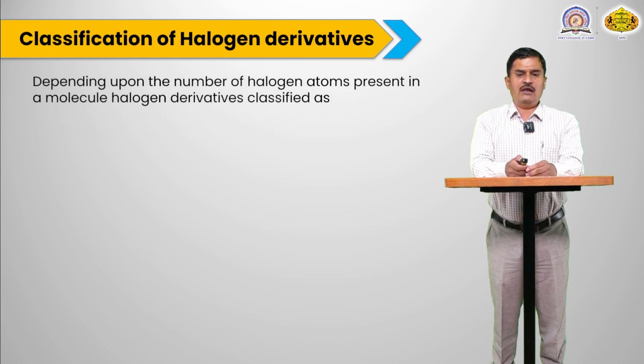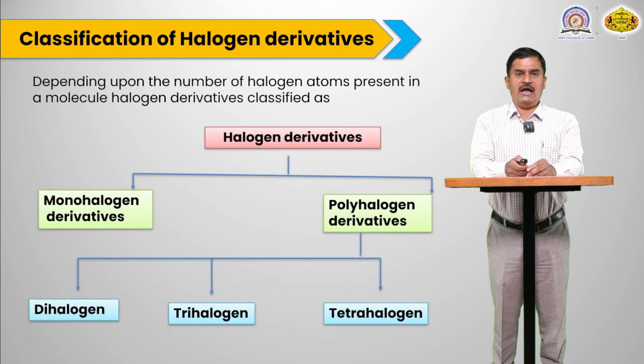The first classification depends upon the number of halogen atoms present in the molecule. So halogen derivatives are divided into two groups, monohalogen derivatives and polyhalogen derivatives. Monohalogen derivative, in the name there is mono. Mono means only one halogen atom is present in the molecule.